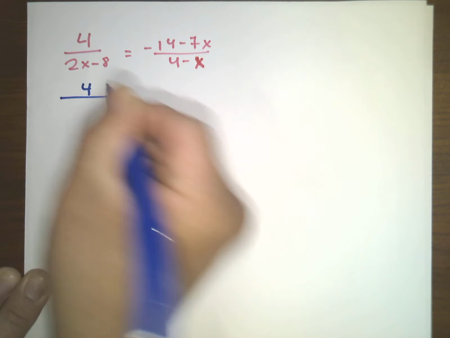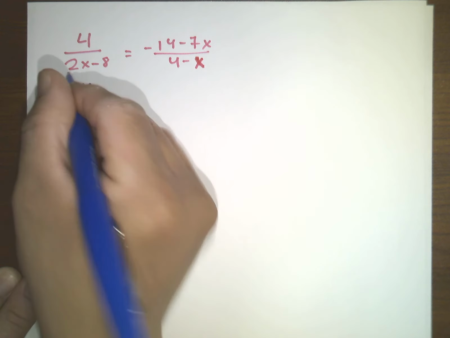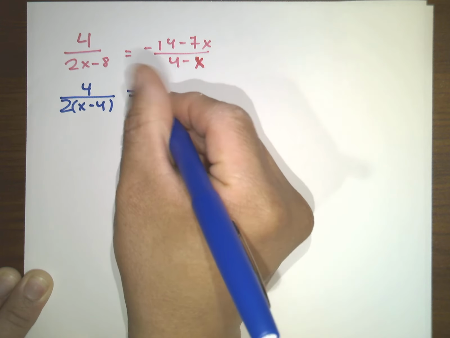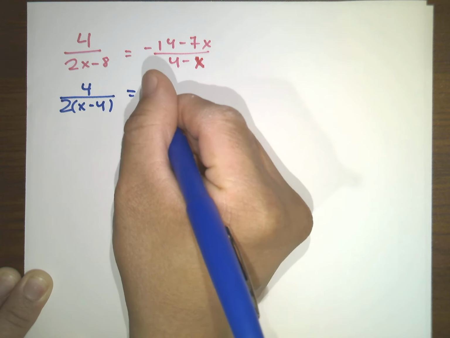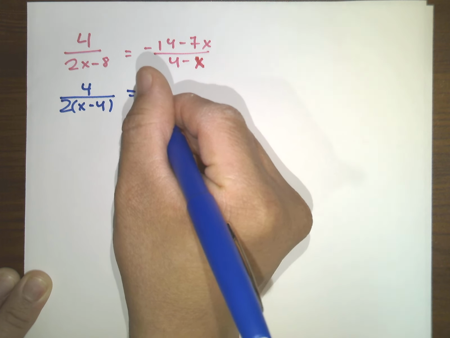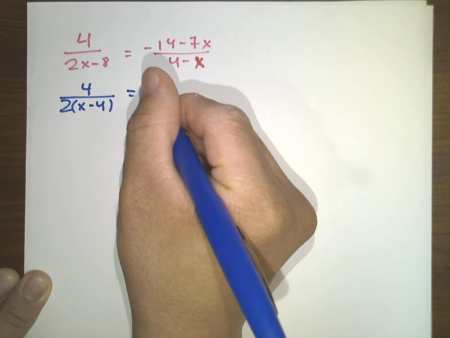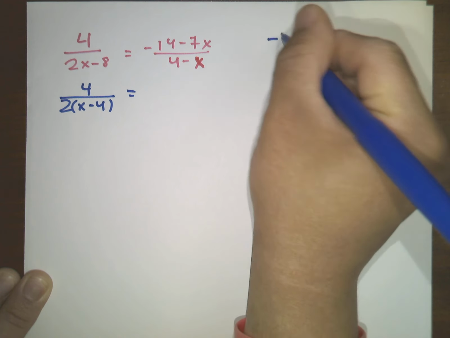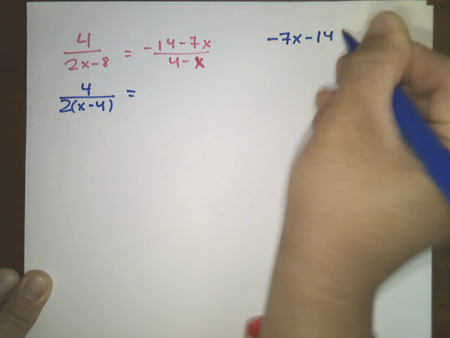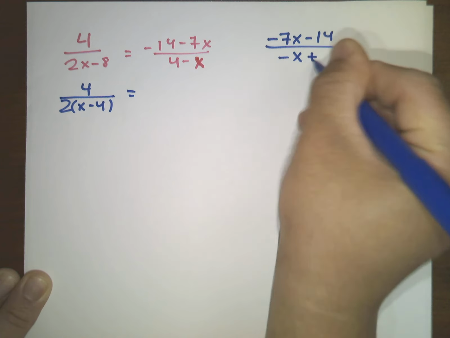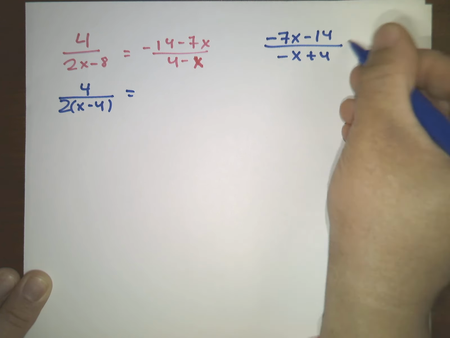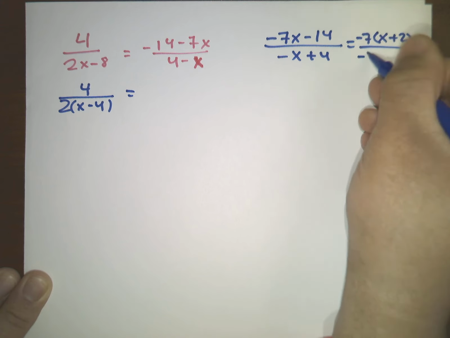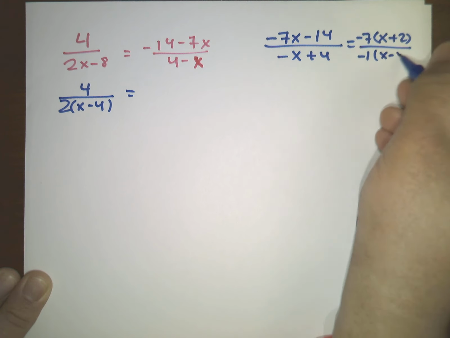And if I factor the denominator, all right, so I will have 4 over 2 times x minus 4, and then factor the numerator. You can factor a negative 7 if you would like, or a 7, it doesn't matter, but let's say that I go ahead and I write this as negative 7x minus 14, and then negative x plus 4, right? Then I could factor out a negative 7, so negative 7 times x plus 2, and negative 1 times x minus 4, right?